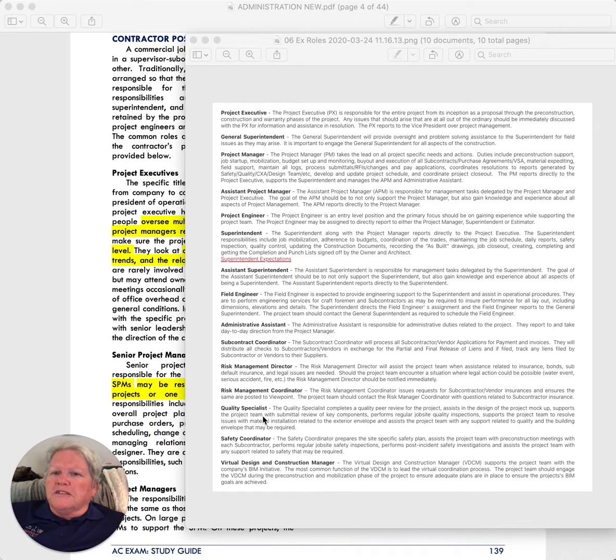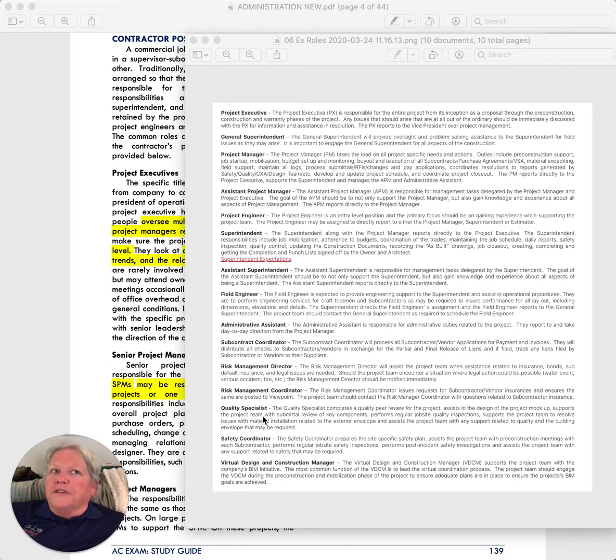Quality specialist, in the case where there are firms that have a quality control department, like Tellepsen, you will have someone assigned to that job that is responsible for the quality on a project and, this is very important, they are not accountable to the superintendent. They act as an independent third party.